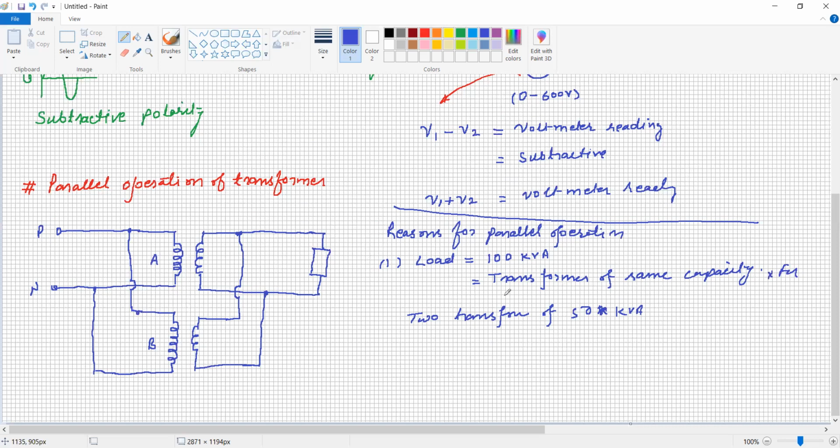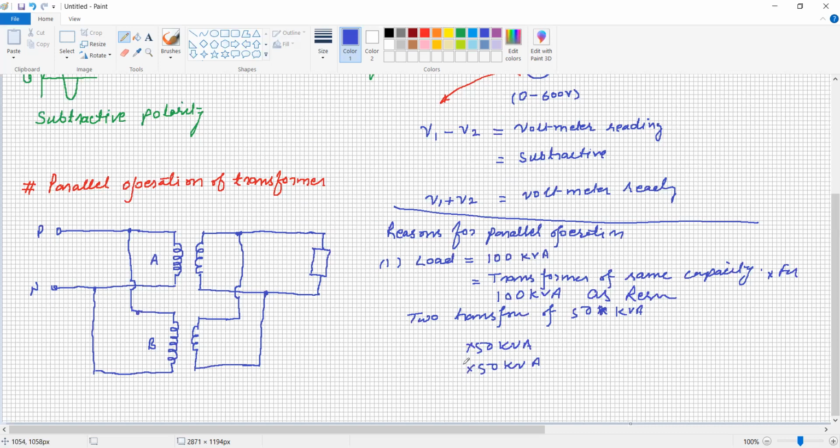You have to keep one more transformer of the same capacity as a reserve, isn't it? And here, if you are using 50 kVA transformers, then the reserve capacity should be equal to 50 kVA, because there is less chance that both transformers fail at the same time.